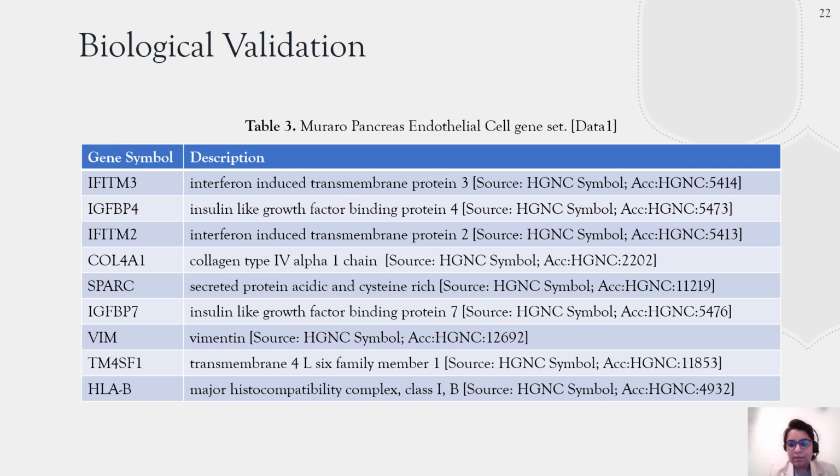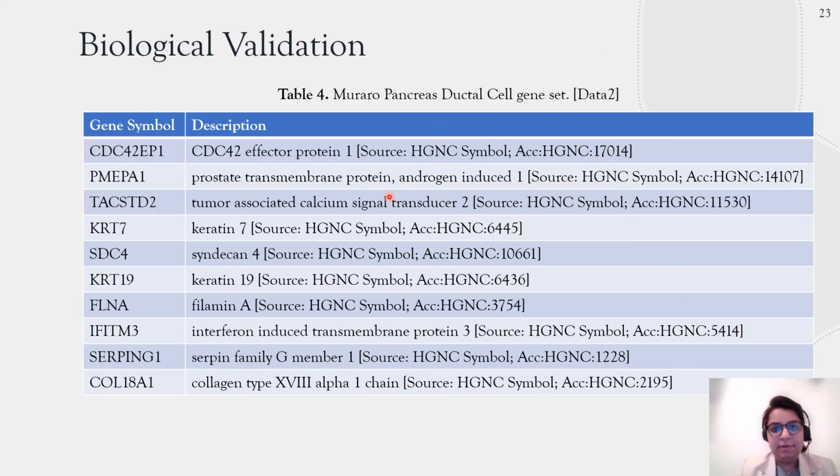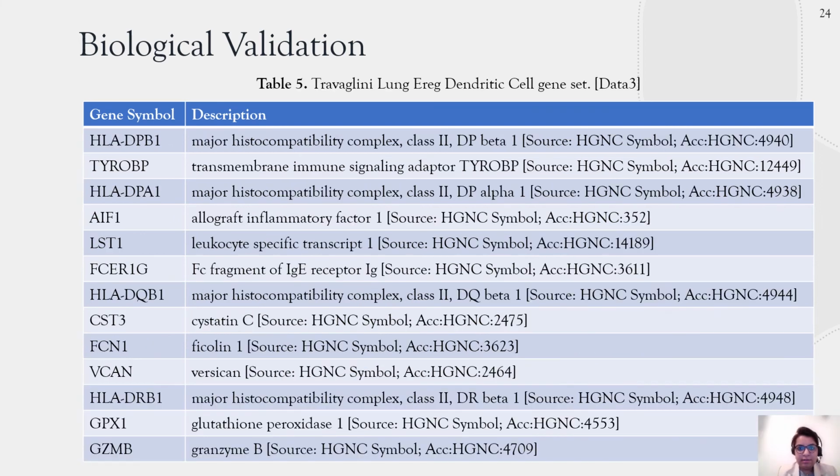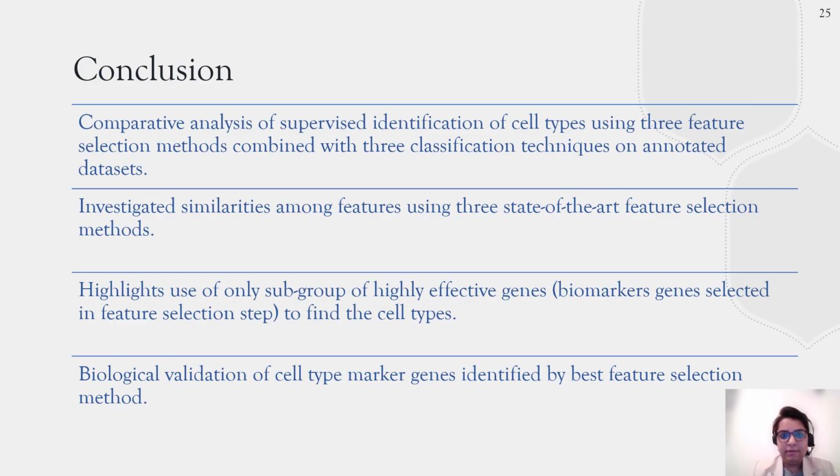Similarly, this table shows the overlap genes of dataset 2 with the pancreas ductal cell gene set. These are the gene names and their description for dataset 2. Next, this is the gene information of the overlap genes for dataset 3.